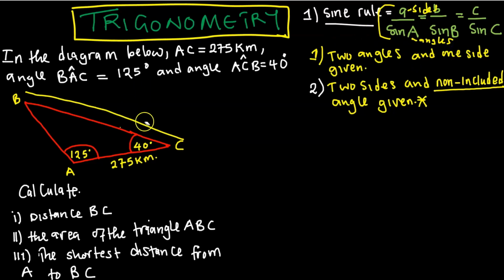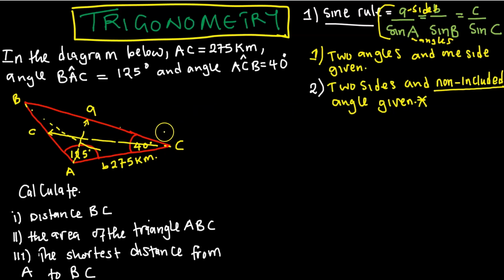For example, from this question, opposite A is where you find small letter a, opposite C is where you find small letter c, and opposite B is where you find small letter b. So that is how you look at this formula.